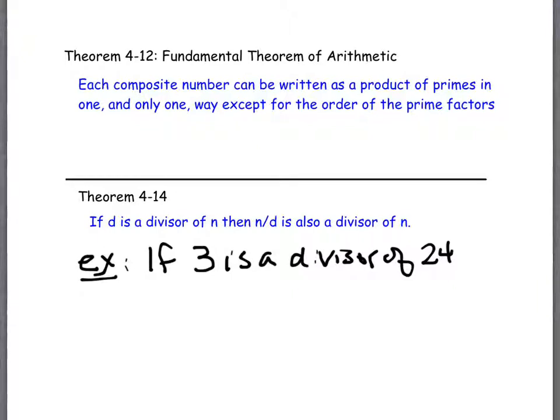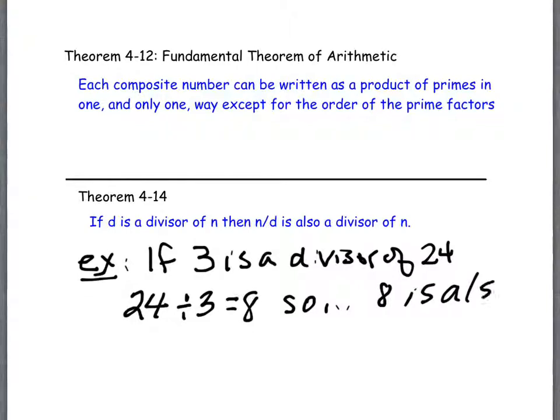Yeah, it divides it, right? Then what this theorem is telling me is that if I take that 24 and I divide it by 3, what will I get? 8. And I know I get a whole number 8 because that's what it means for 3 to be a divisor of 24. So 8 is also a divisor of 24.